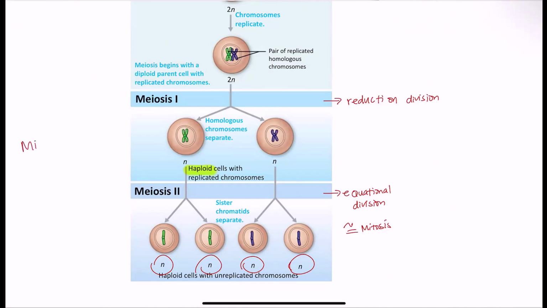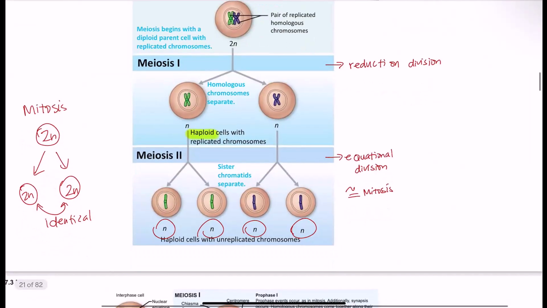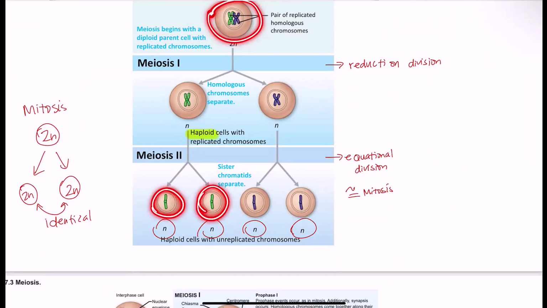So mitosis is taking one 2N cell and making two identical 2N cells. Those guys are identical. With meiosis, we're taking one 2N cell and making four haploid, or single N, 1N cells.